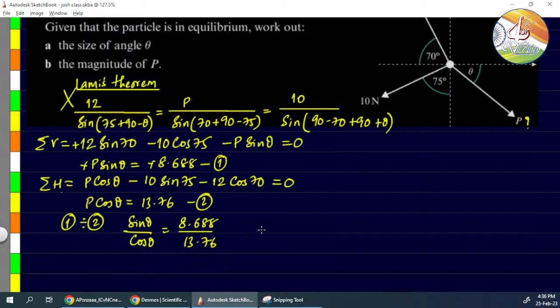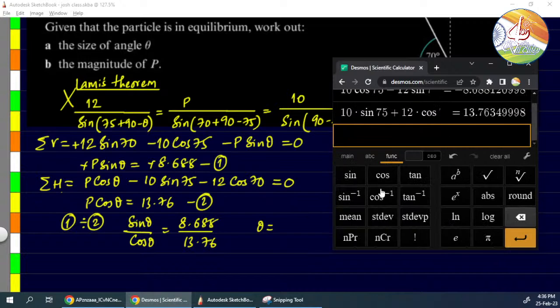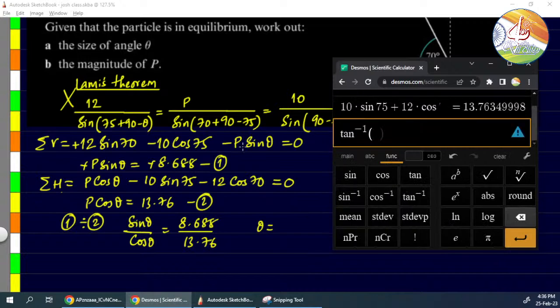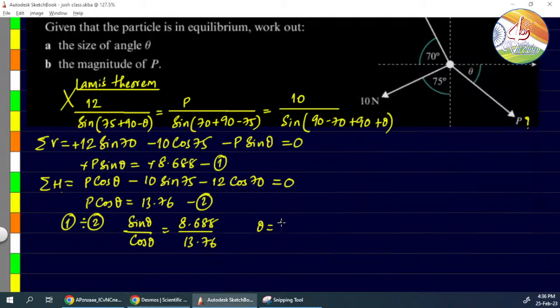So this is tan theta. So theta will be equal to tan inverse of this value. Tan inverse of 8.688 divided by 13.76 gives 32.27. So this is the angle in degrees.